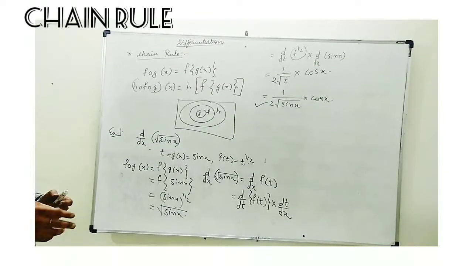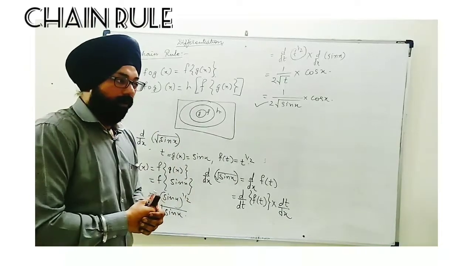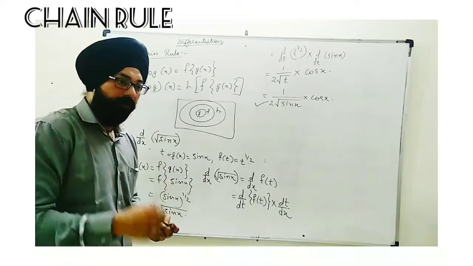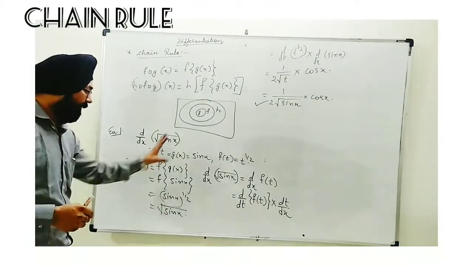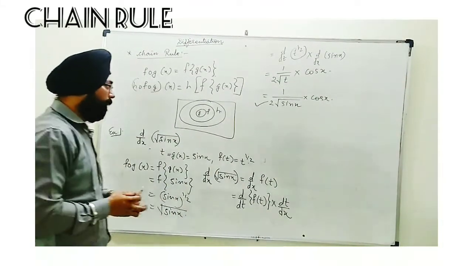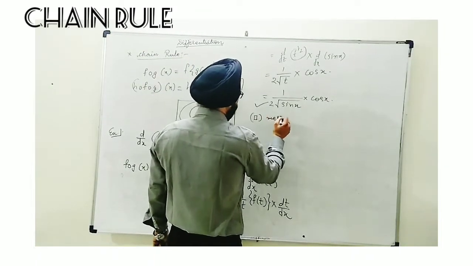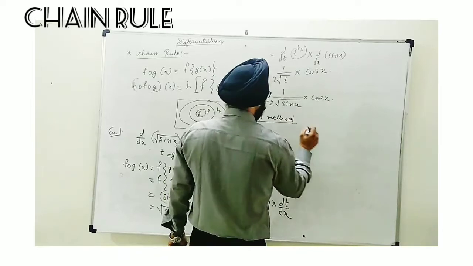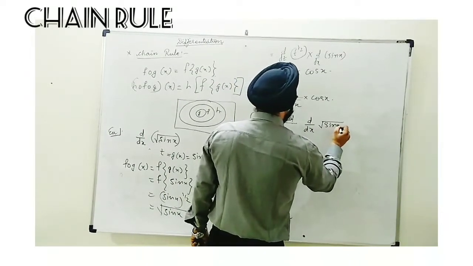But this was about two functions involved. Okay, I change the theory. As I said, I give you the modified form of the chain rule. These things we will not do. You see, the other method which I apply and I suggest you to do. You are told to differentiate root sin x.